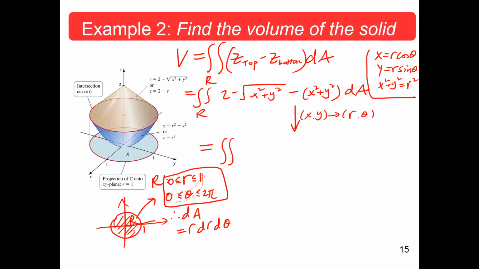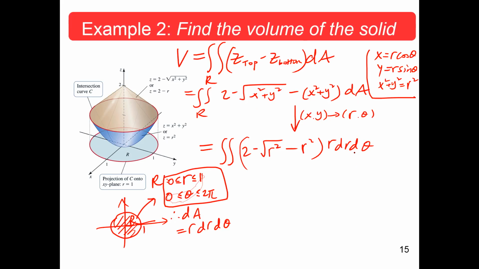First, let's change the integrand: 2 minus the square root of r squared, because x squared plus y squared is just r squared, minus r squared, and dA would be r dr d theta.